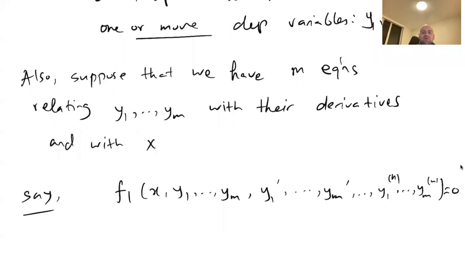So this is one equation that relates Y1 to Ym, the unknown functions, with their derivatives, and also their relation with X. So such an equation, I can write in the form F1 of X, Y1 to Ym, Y1 prime to Ym prime, and all the way to Y1 nth derivative to Ym nth derivative equals 0.